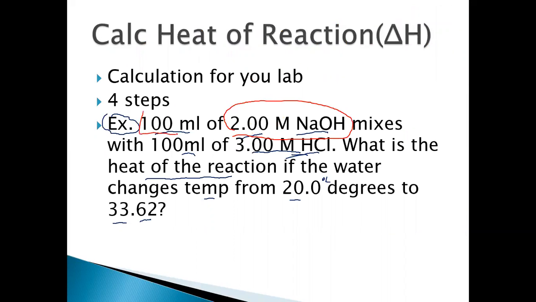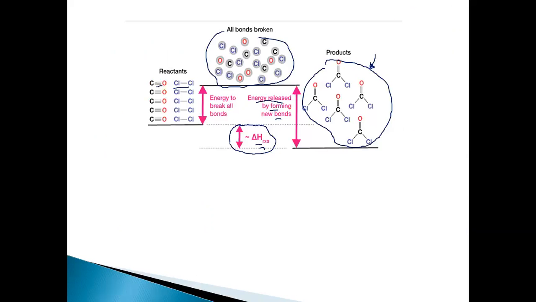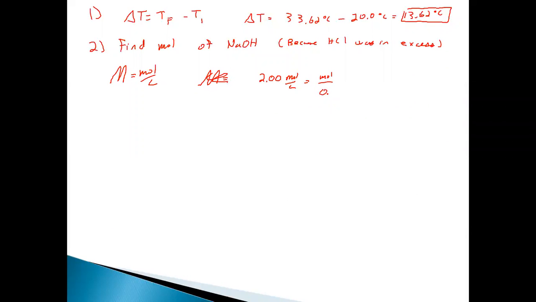Well, we actually mixed in 100 milliliters, which is the same thing as 0.100 liters. Hopefully you guys understand how I would solve for moles. I would just multiply by 0.100 liters. That cancels, and my final mole amount of NaOH would be equal to, and doing this earlier, I got a value of 0.2 moles.